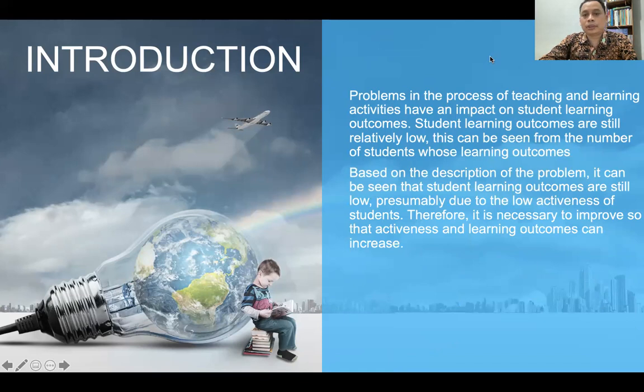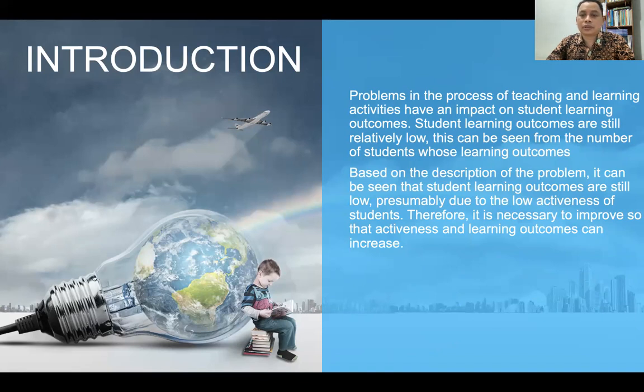Problems in the process of teaching and learning activities have an impact on student learning outcomes. Student learning outcomes are still relatively low. This can be seen from the number of students' learning outcomes.